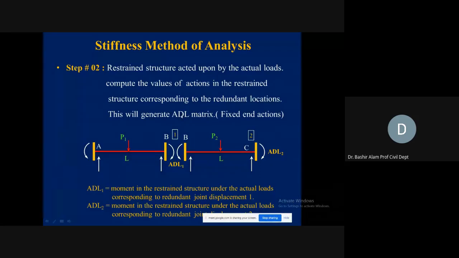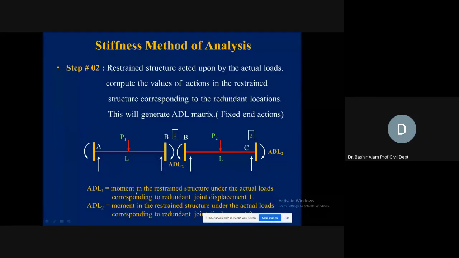This is the displaceable joint, and it is because of the load, ADL. ADL1 will be the algebraic sum of these corresponding moments. Why are we taking moments? Because rotation was unknown. If it was, let's say, a translation, which would be a settlement here, then you would be taking the reaction as the corresponding action.